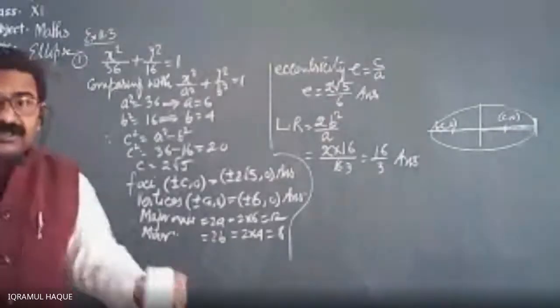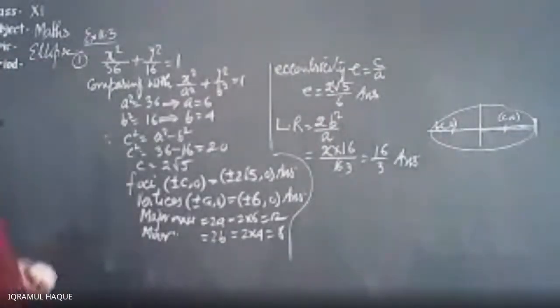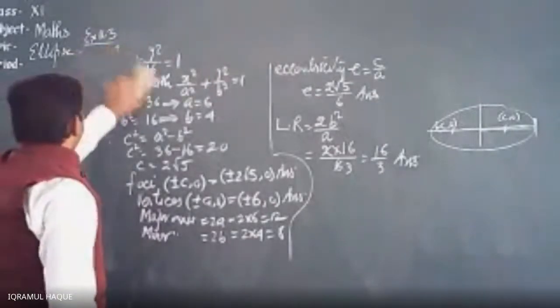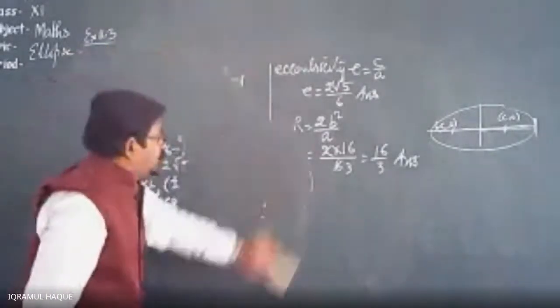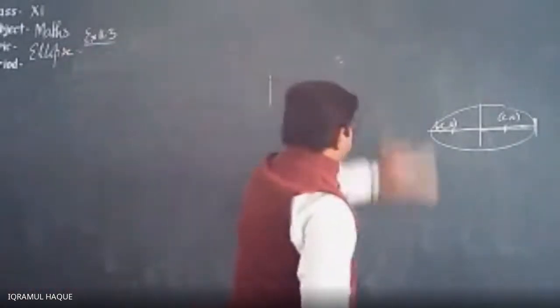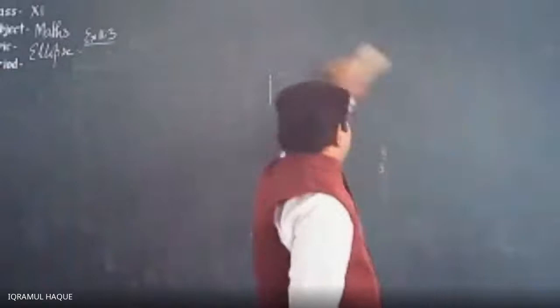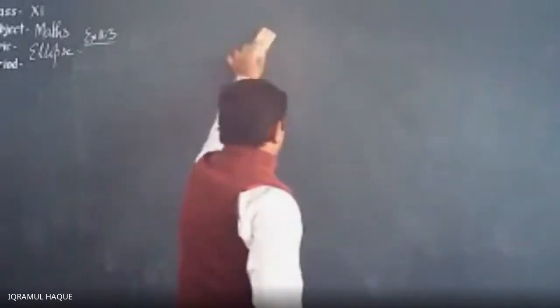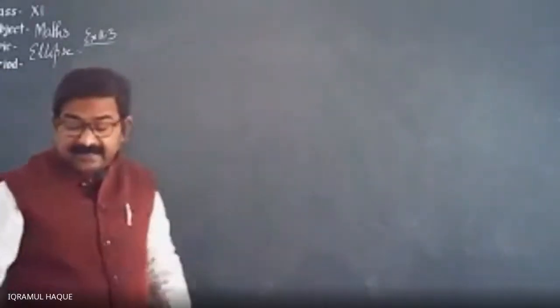Let's see one more question. Question number 2. In question number 2, the smaller value is given under x square.